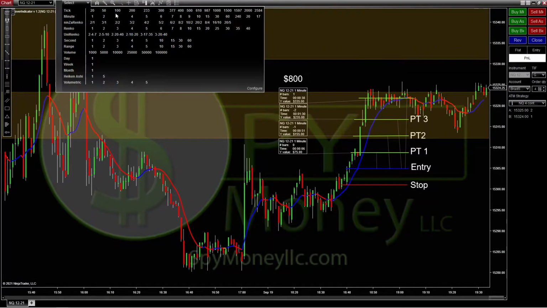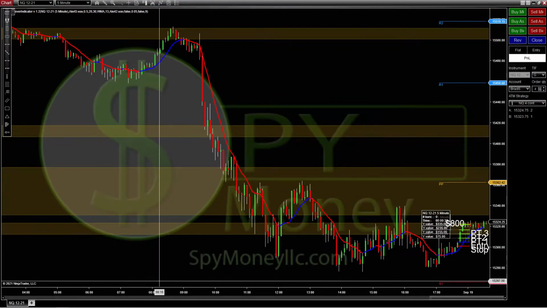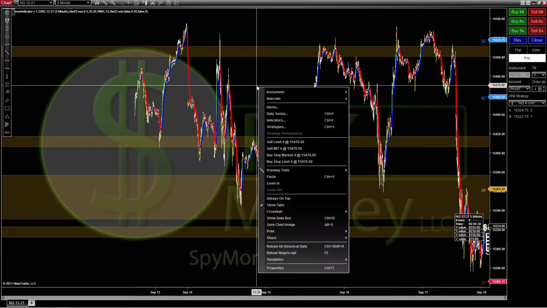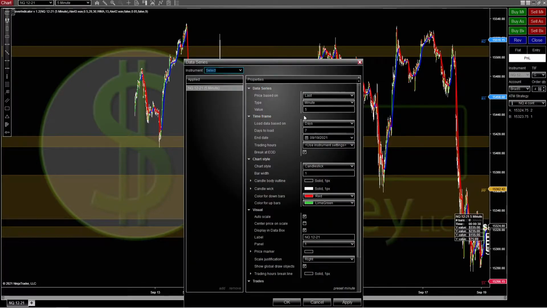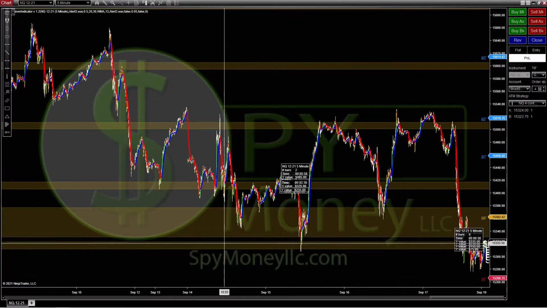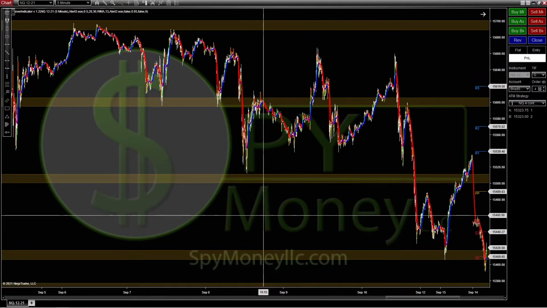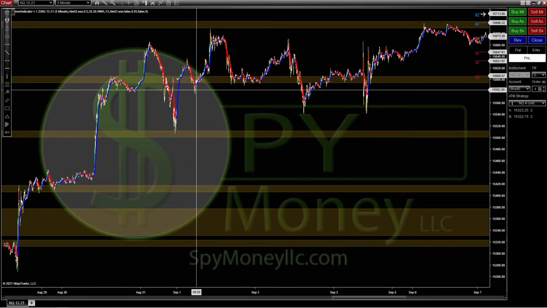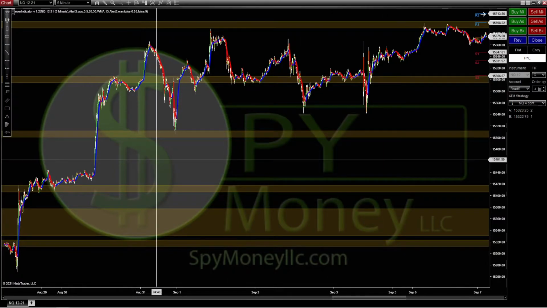And if we look back at our 5-minute chart, we can see we've got different zones in here. And zones are something we don't always talk about. But I'm going to show you how it would look if we did like 60 days on this. And then we go back in, we can see that the zones actually work really well. See how it's hitting? It's doing very, very well.